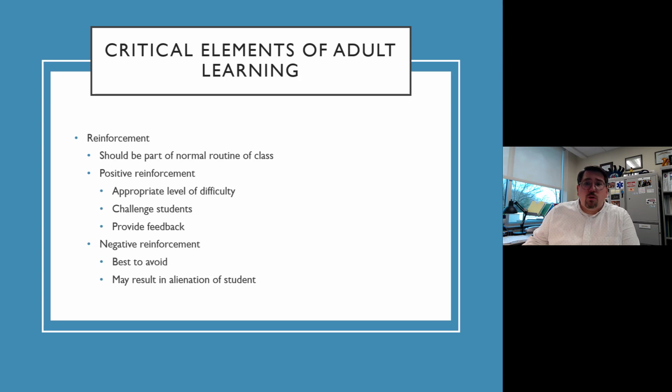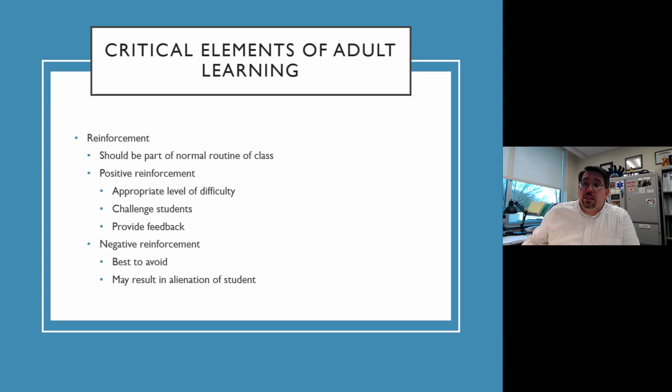Those are all really important ways to do that. Challenge might mean a slightly different level of difficulty for each student. Your strongest student may need a pretty darn difficult simulation to be challenged. But your underperformers, those falling in the lower third of the bell curve for performance indicators, are probably going to need a different scenario, maybe one that helps reinforce some of the areas they're working on.